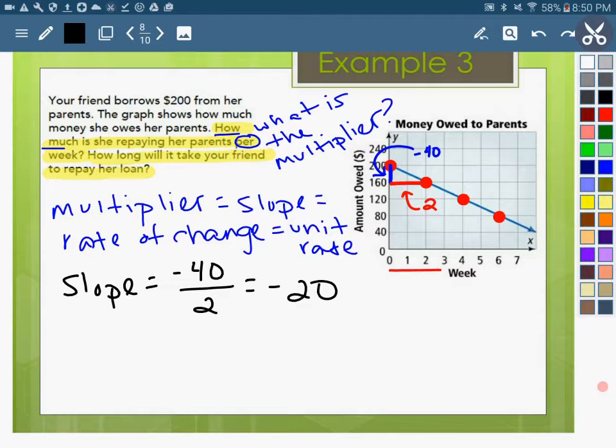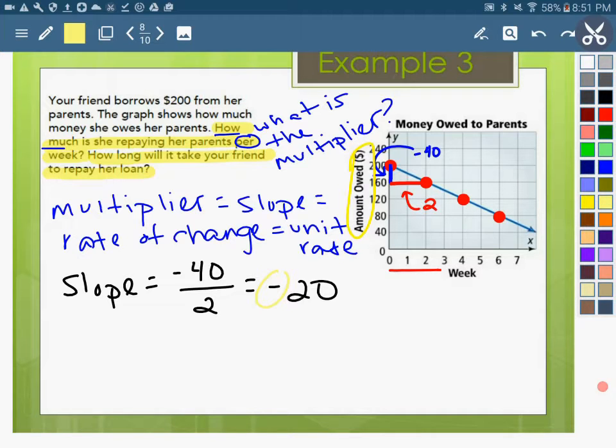Well, what does this -20 represent? If you notice how they labeled the y-axis, that represents the amount owed to her parent. So she's owing $20 less every single week. When I say less, I mean that little negative symbol right there. So she's paying $20 every week that passes.